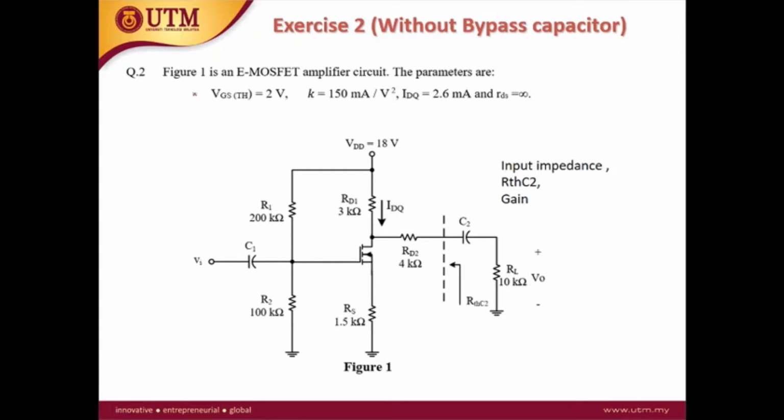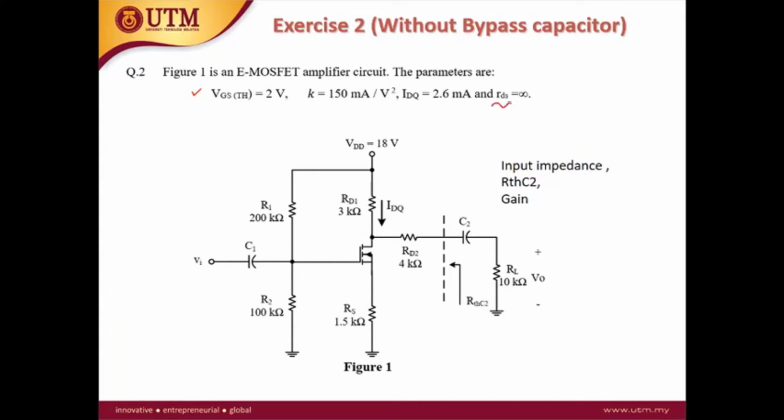Okay, and then this is the given specification. The threshold voltage is 2 volt, and then the K value is 150 milliampere over voltage square, and IDQ is 2.6 milliampere. Small rds is equal to infinity.